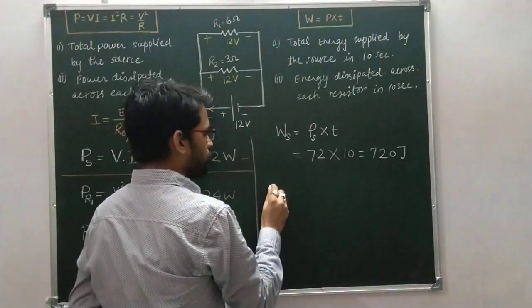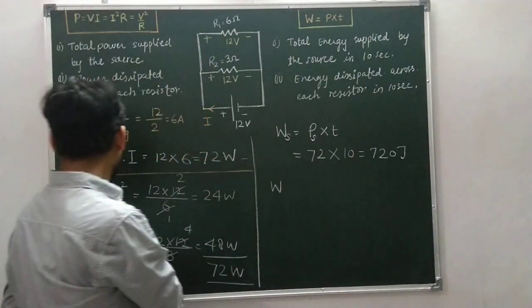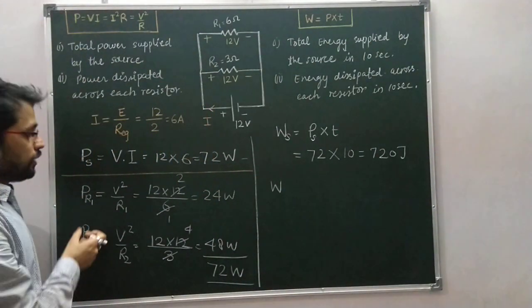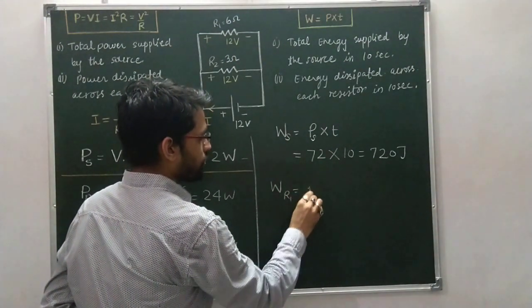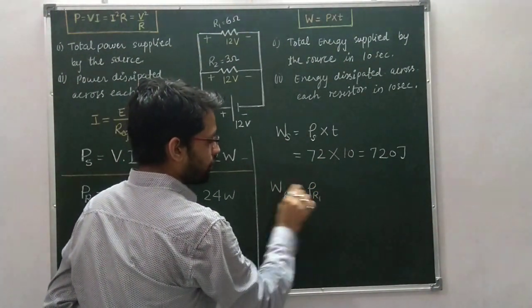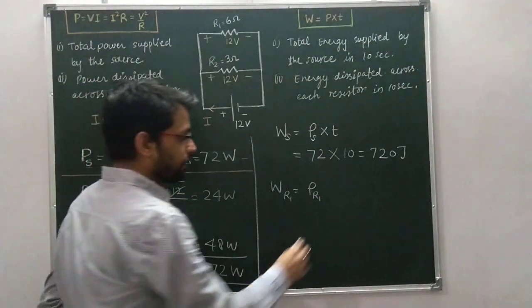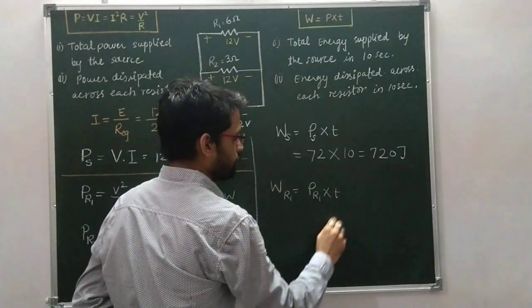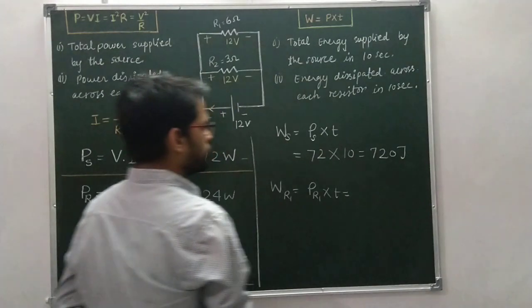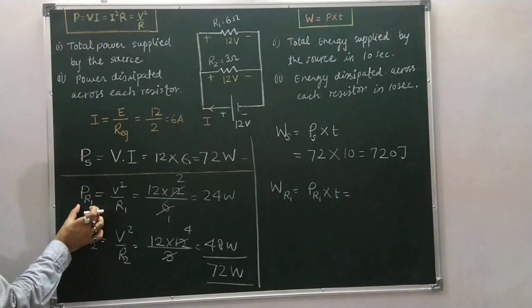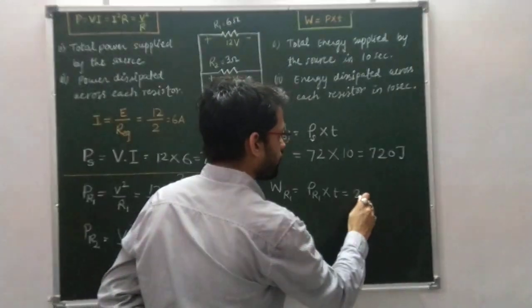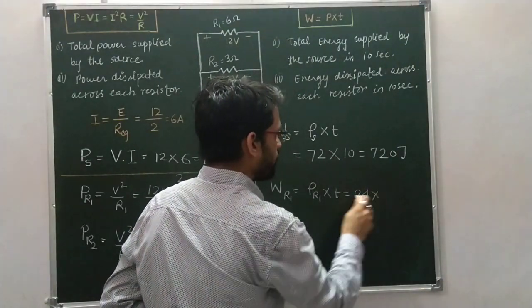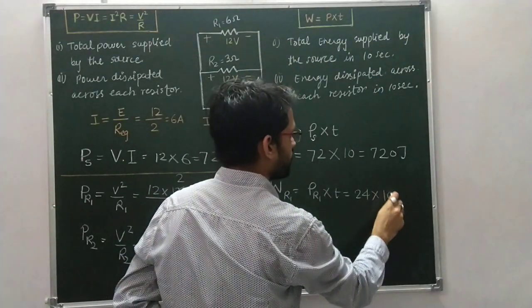Now what is the total energy dissipated across R1? It is equal to the power dissipated across R1 multiplied by the time. The power dissipated across R1 is 24 watt, 24 multiplied by time, 10 seconds.